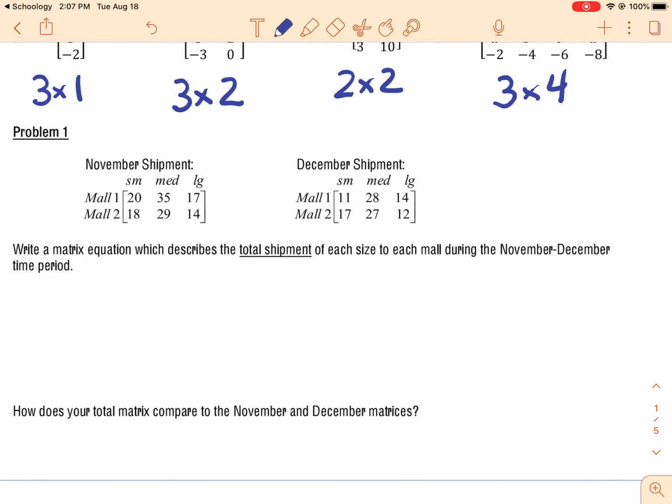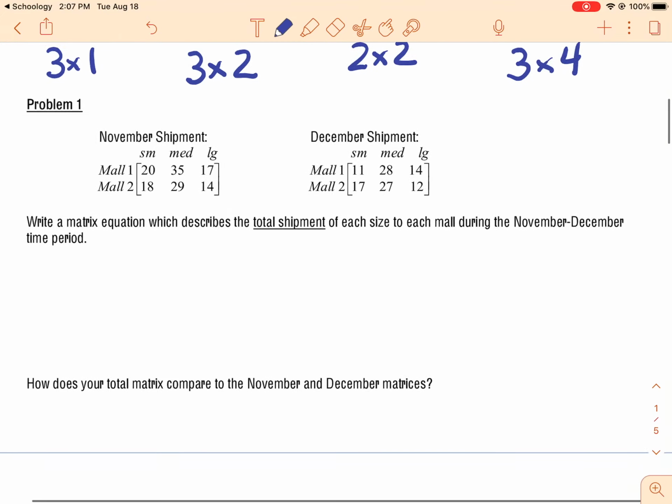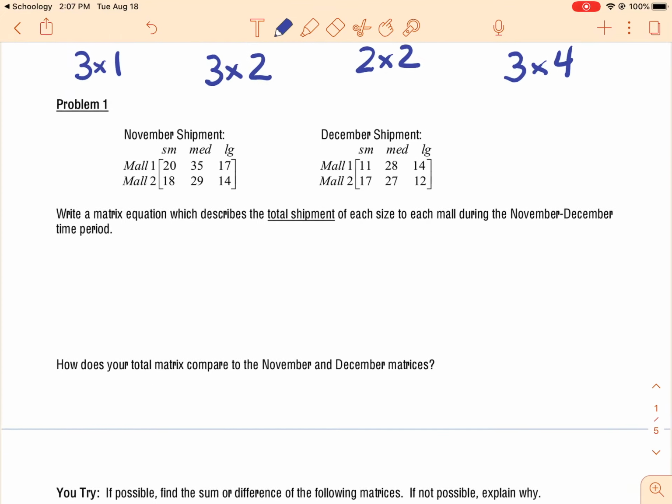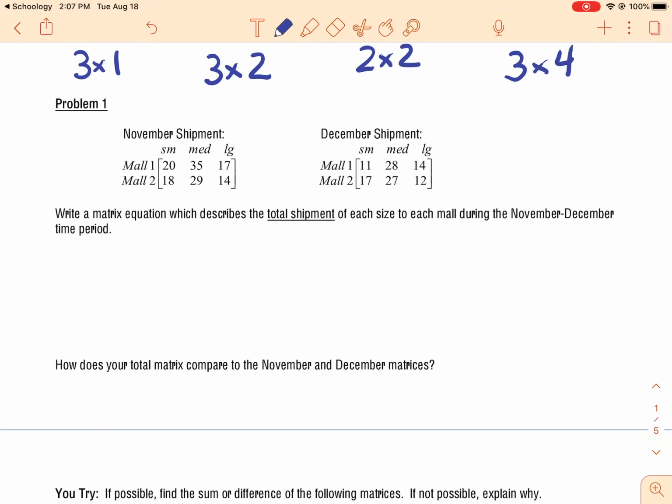there are the numbers for a November shipment of shirts and then a December shipment. It says to write a matrix equation which describes the total shipment. Well, if we had 20 smalls at mall 1 in November and 11 smalls at mall 1 in December, when we want to see the total shipment, we add those together.